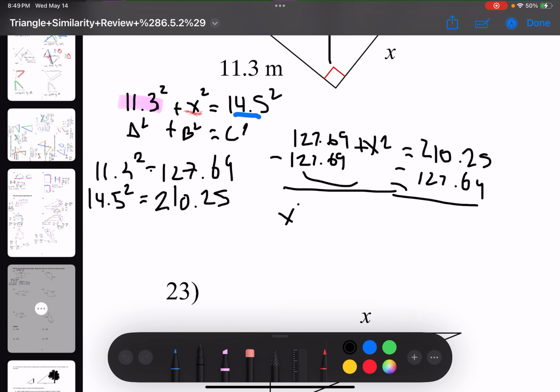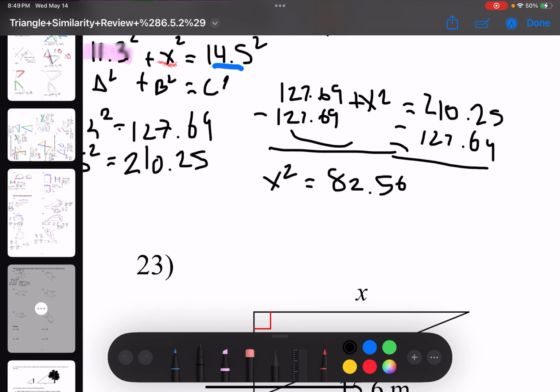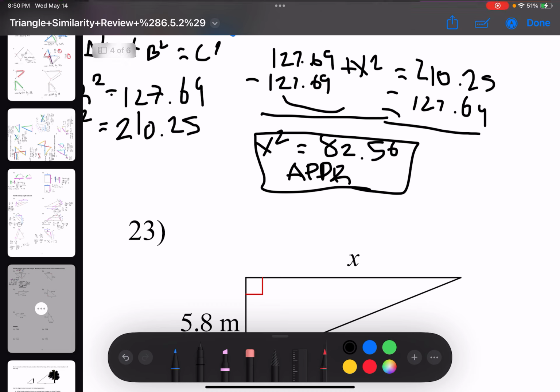So then we got x squared is equal to 82.56, and we kept that in there because it's not a 0. But anyways, this is your approximate answer right here, and then we need to finish the rest.